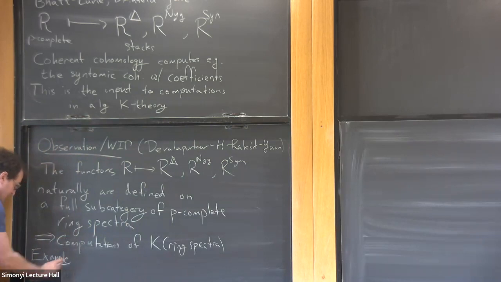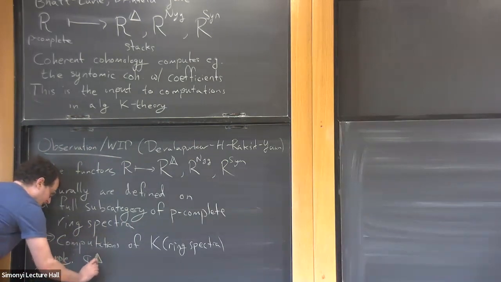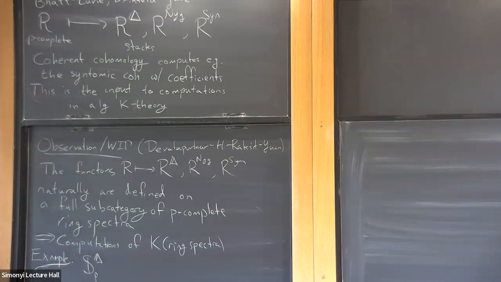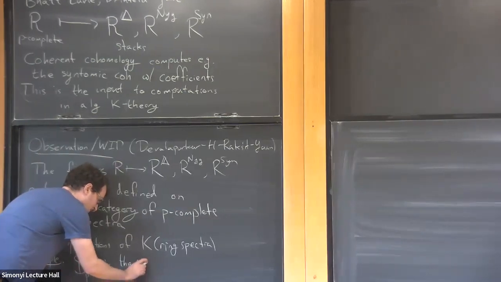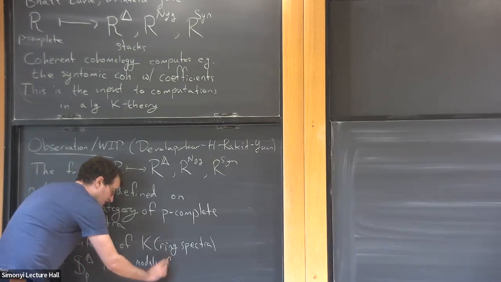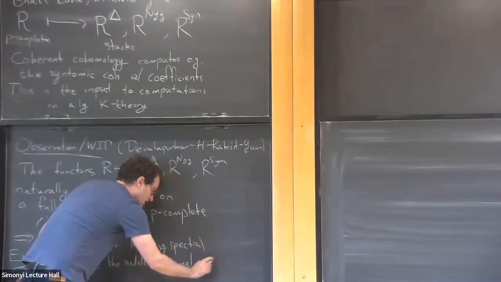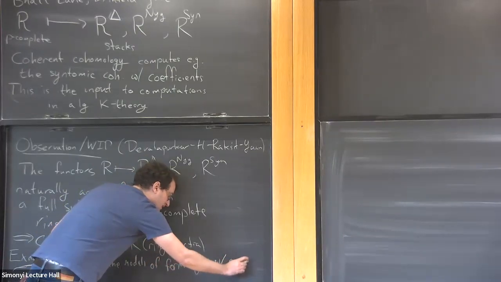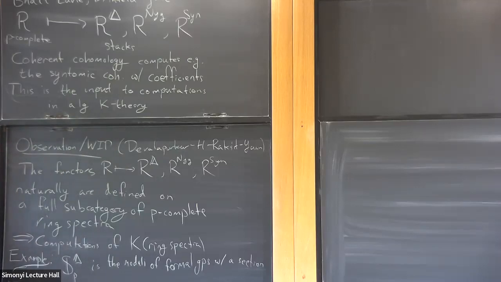And just to give you an example, before I get into the differential topology, I could look at the prismatization of the p-complete sphere, right? So this thing is the moduli of formal groups with a section. That's just a teaser.